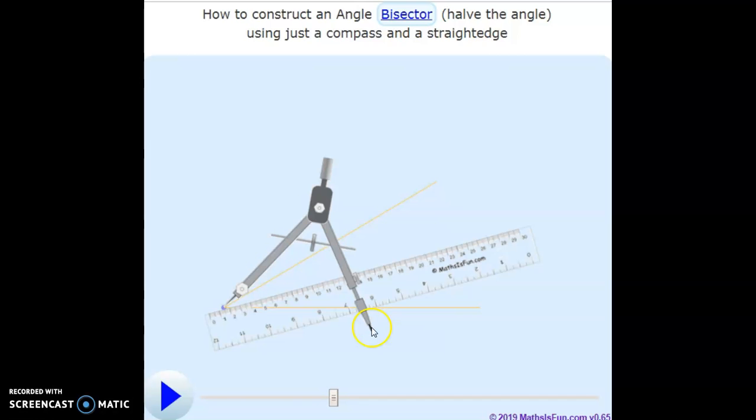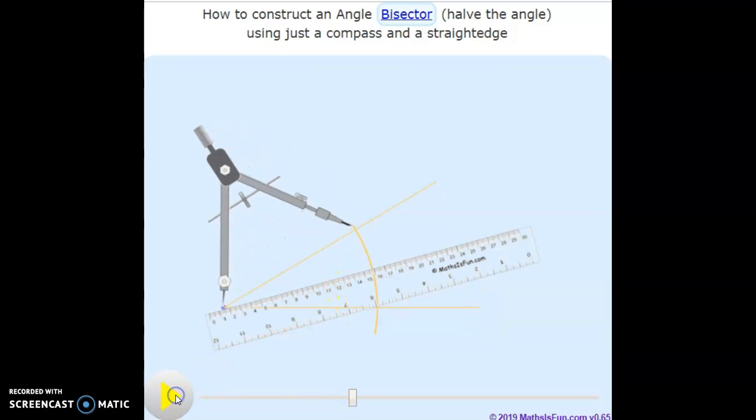We bring our pencil approximately halfway out across the arm. So if this is, let's say, 4 inches, we'll come out approximately 2 inches. What we do with this is we draw an arc cutting across both arms. So there should be an intersection with this arm and an intersection with this arm.